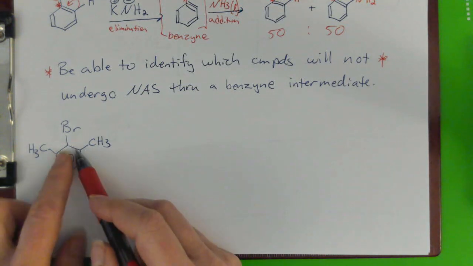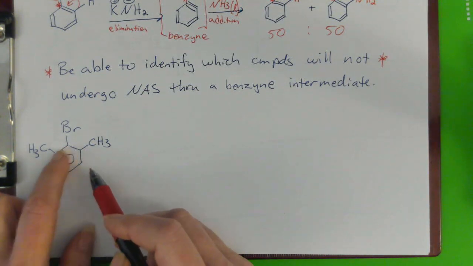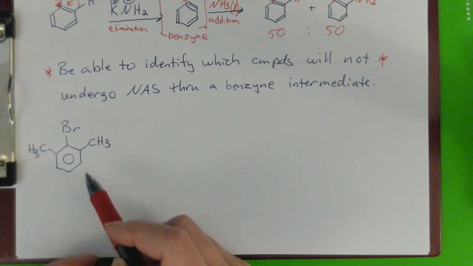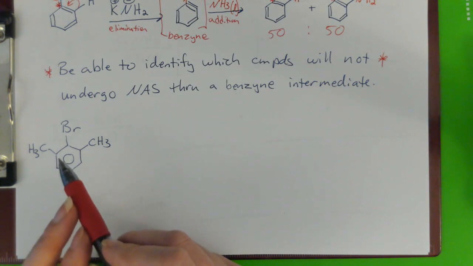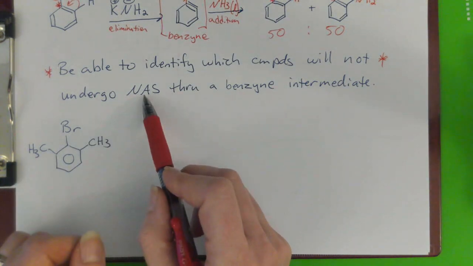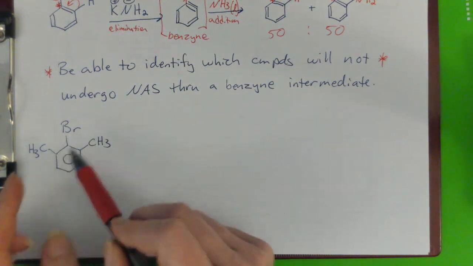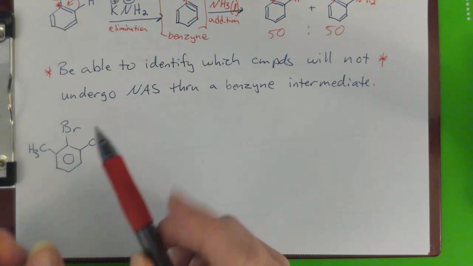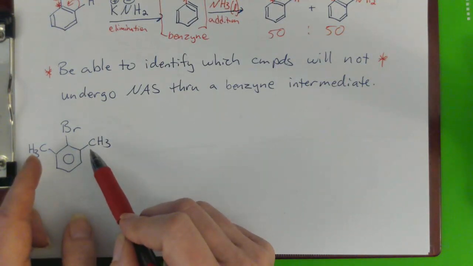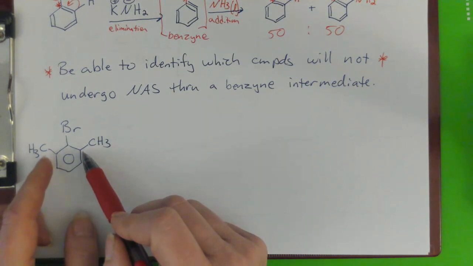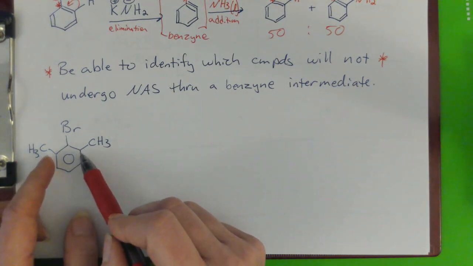So here we have an aryl halide, and we don't have an electron withdrawing group at the ortho or para position. So if we're going to have this undergo nucleophilic aromatic substitution, it'll be type 2, meaning we need a benzyne intermediate. But this can't undergo a type 2 style NAS reaction because the ortho position is not empty.